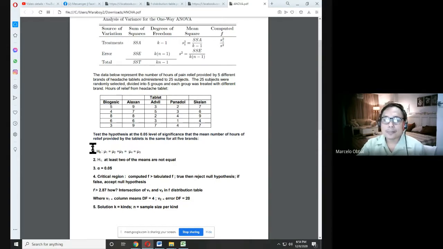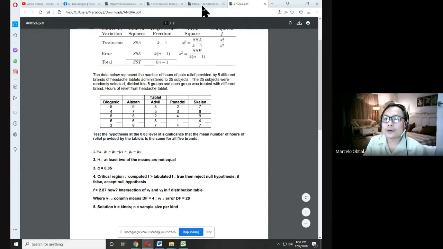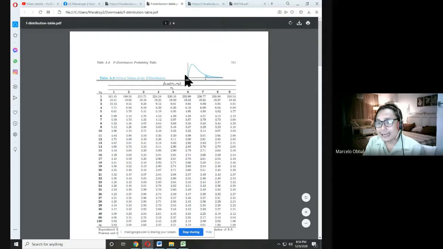Okay? Now for number 4, the critical region, in this case, guys, I will not require you to draw. Why? It's because okay, when you open your F distribution table, hindi na kasi siya bell shape. Okay? Medyo mahirap na siya i-drawing, ba? So, ang ating basehan na lang is ganito, no?